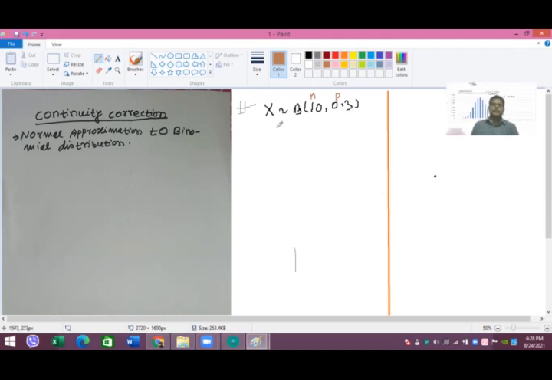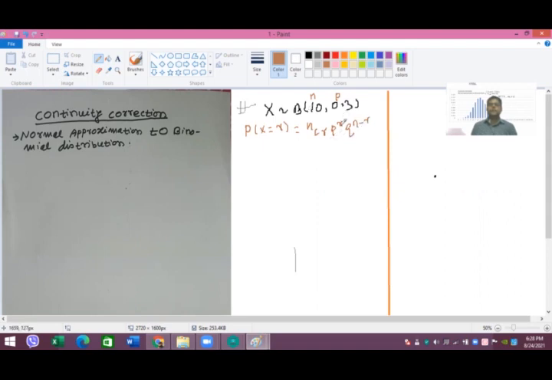If you would like to find the probability that x equals r successes, you would use the formula nCr p^r q^(n minus r). This sort of formula you have used before.